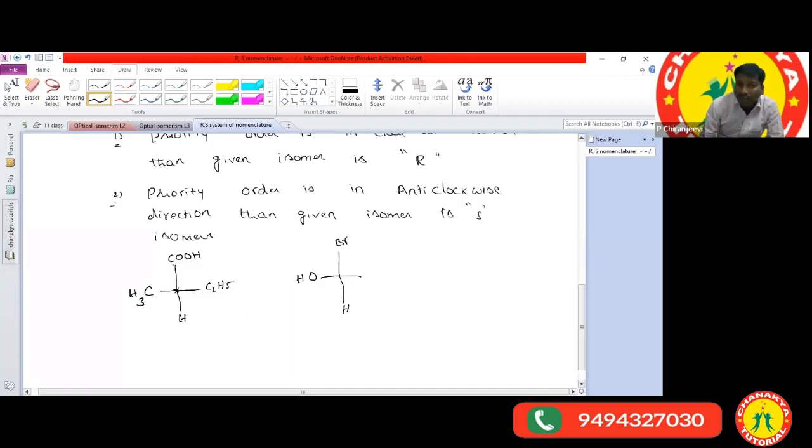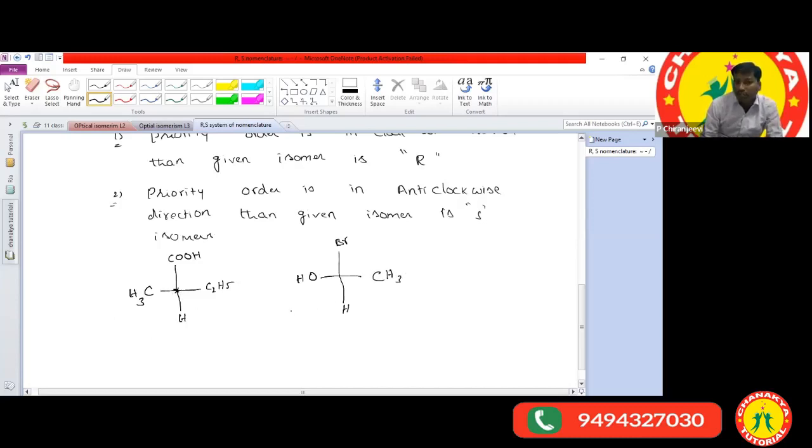This carbon is attached with the COOH group, C2H5, CH3 and H. So the carbon is attached with four different atoms or groups of atoms, so it is optically active because it has a chiral center. Another definition I had given: the compound which contains a chiral center becomes optically active.